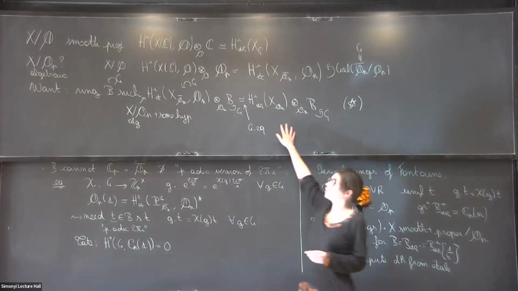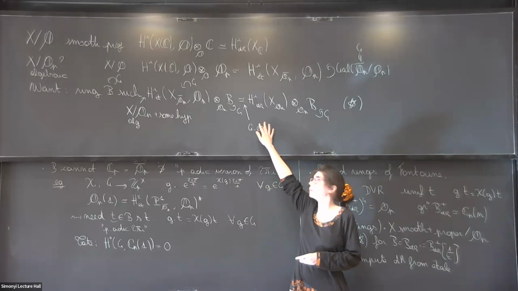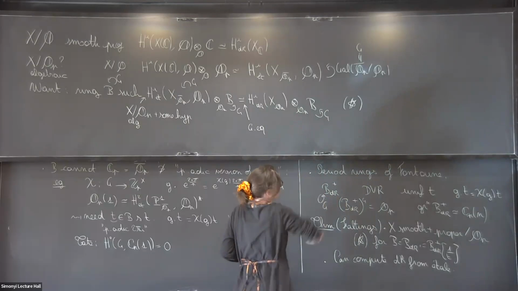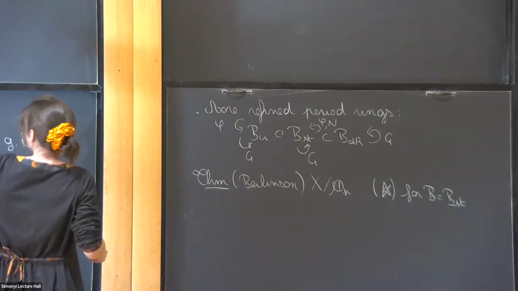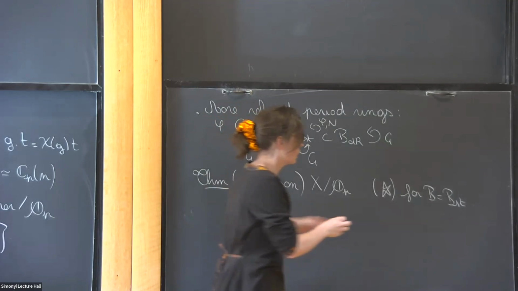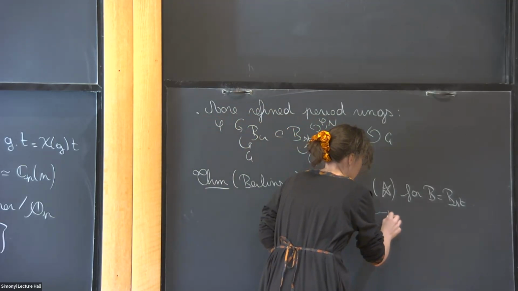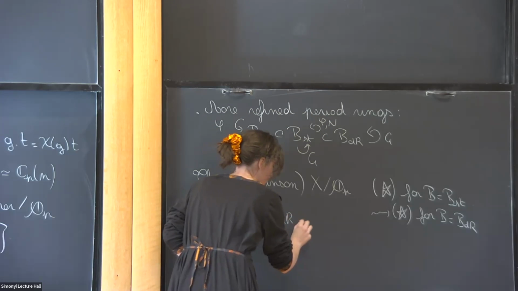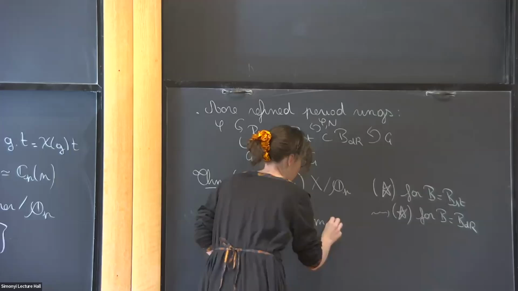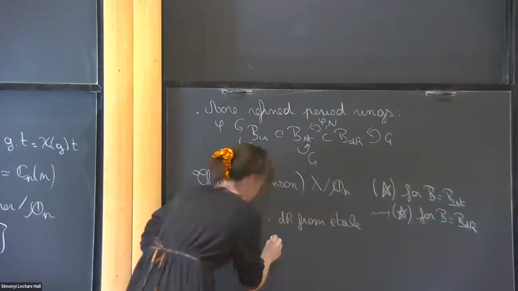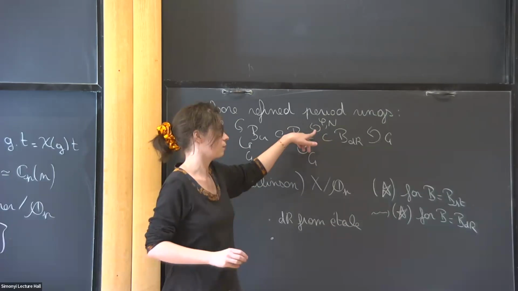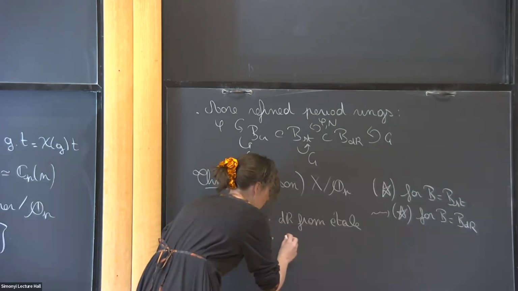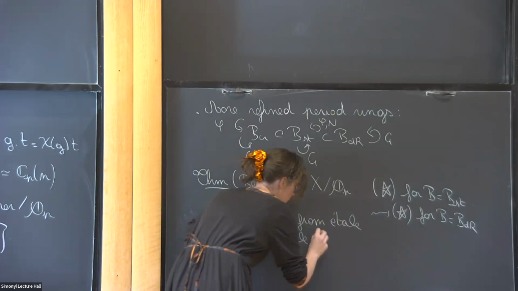Here we need to use a refined version of the de Rham cohomology, the Hyodo-Kato cohomology. And using the Frobenius and the monodromy operator, we can also compute the étale cohomology from the de Rham cohomology.